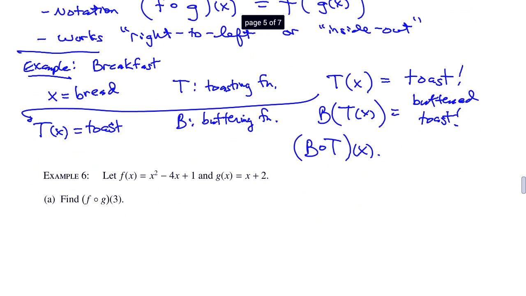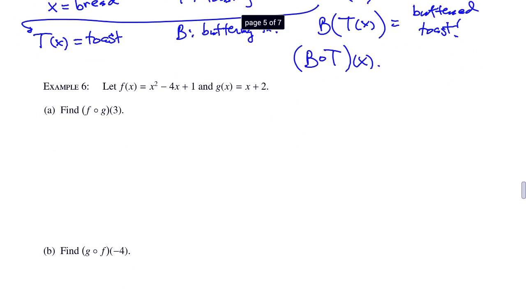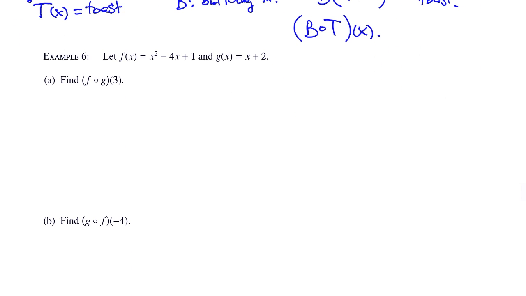All right, let's take a look at example 6. Let f of x equal x squared minus 4x plus 1, and g of x is equal to x plus 2. Find f composed with g of 3. All right, so f composed with g of 3 is, by definition, f of g of 3.